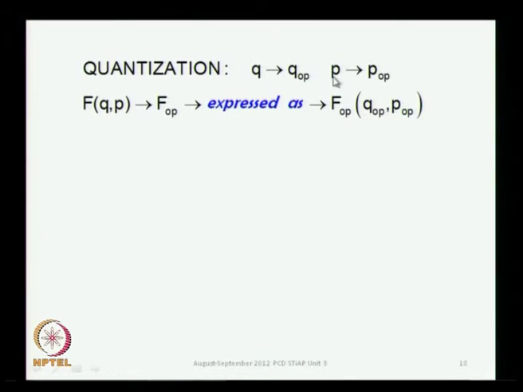We know what quantization is, we have discussed this at length in unit 1, that you must abandon the dynamical variables q and p and replace them by judicious operators, and dynamical variables which are functions of q and p get expressed as operators, which in turn are expressed in terms of the position operator and the momentum operator. Now, this was our notion of quantization, and we expect something similar to be needed in relativistic quantum mechanics.